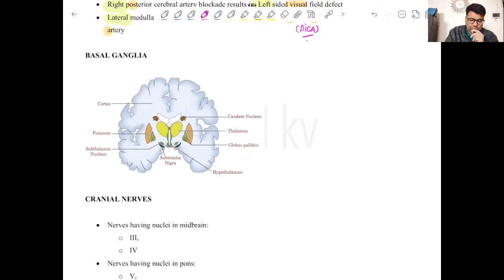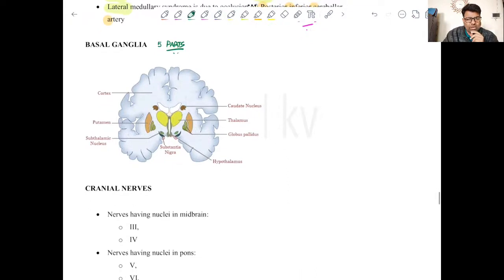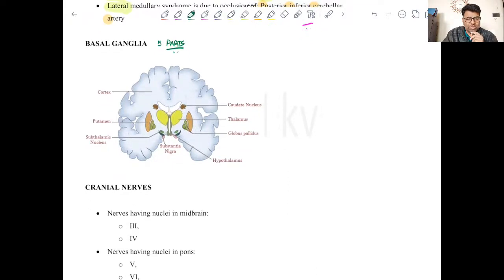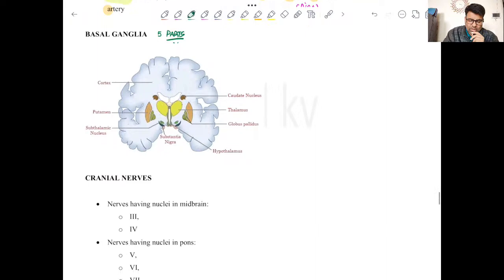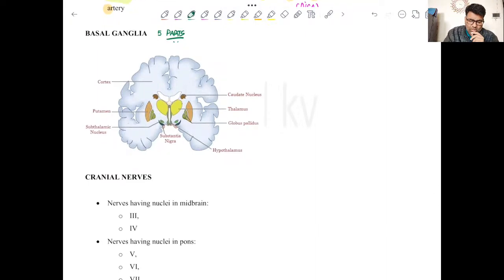Now here you should remember the 5 parts of basal ganglion, and this question usually comes most of the time as an image based question. Either it can be a MRI or a line diagram. So here what you can see, this is thalamus, clear? This is thalamus here.